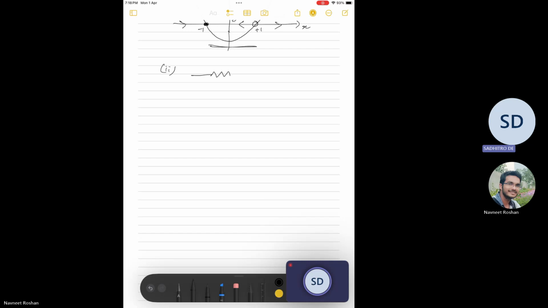You have the resistance R over here, and you have a capacitor C, and there you have the voltage. Okay, here's the battery V0, plus minus, and you close the circuit like this.